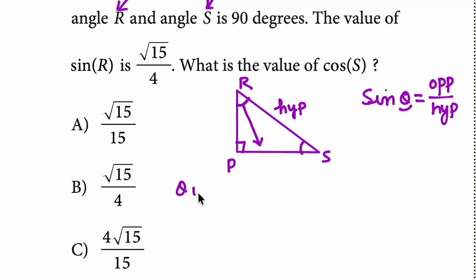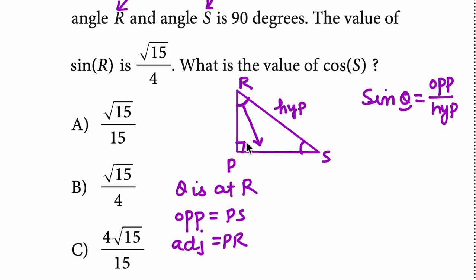So let's write it. If theta is at R, then opposite is PS, adjacent is RP or PR, and the hypotenuse is always the side opposite 90 degrees, so hypotenuse is equal to RS.